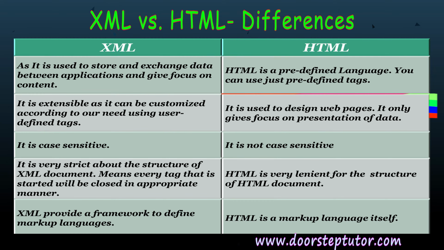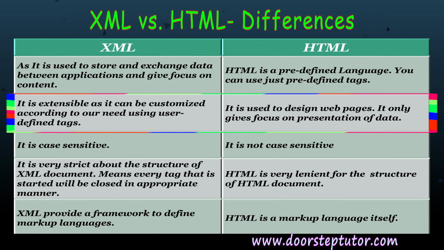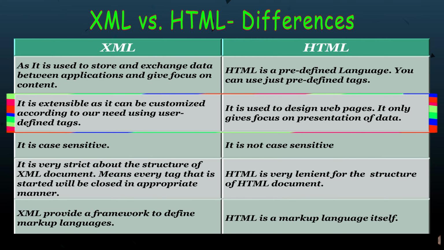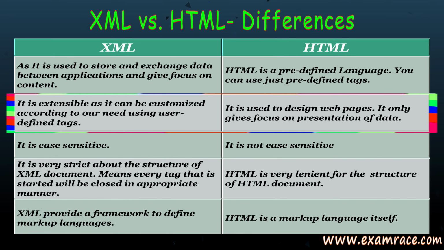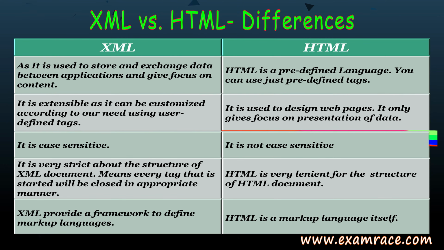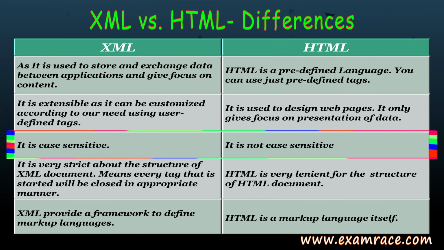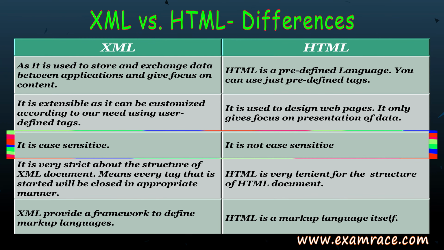HTML is basically used to create the web page of a website. It is just used to display the data, not to transfer the data from one page to another. Exchange of data between two applications is not possible in case of HTML. Then the third point: XML is a case sensitive language, but in HTML we are not worrying about the case.